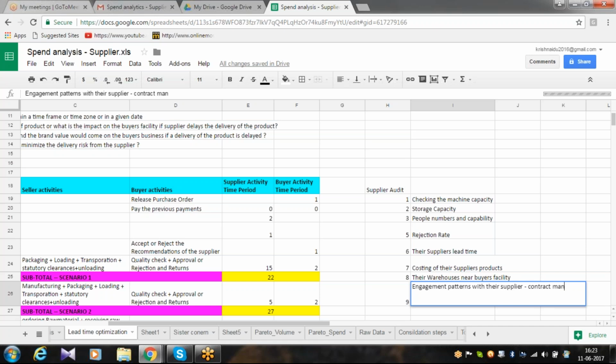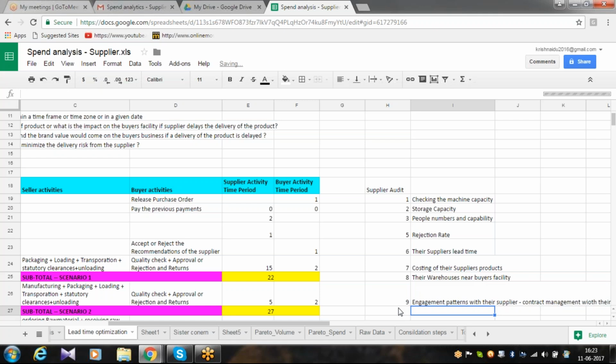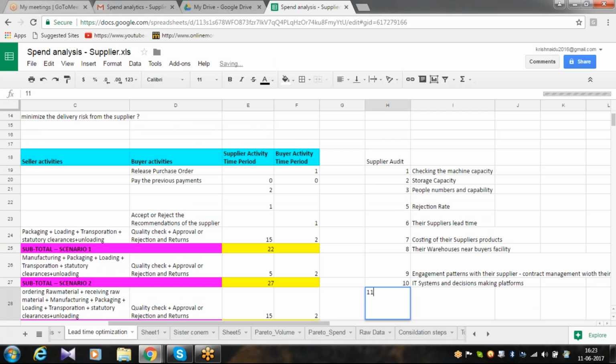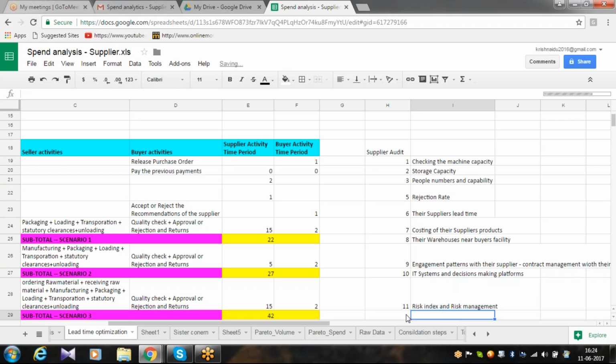Contract management with their suppliers. Then IT systems and decision-making platforms. Risk management, risk index and risk management. Legality.